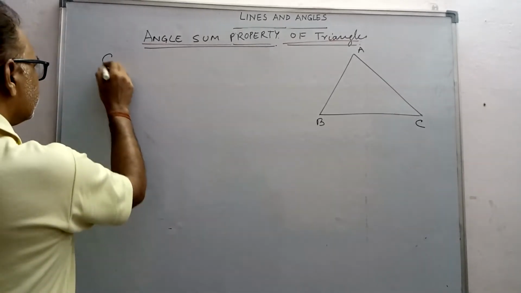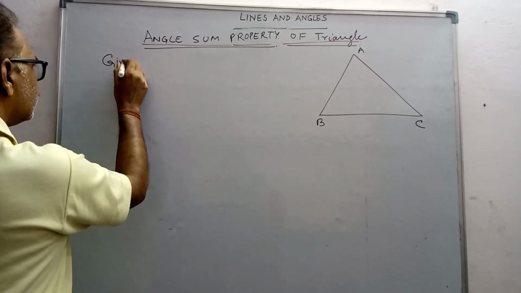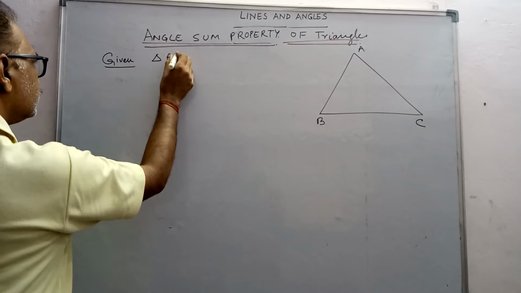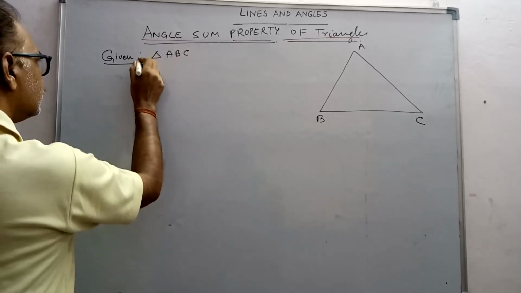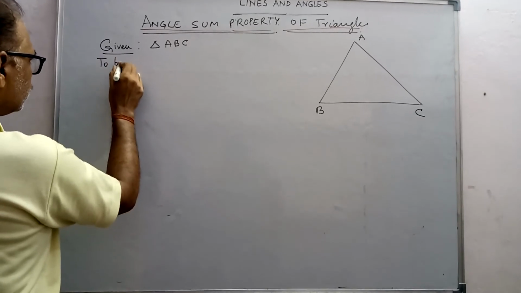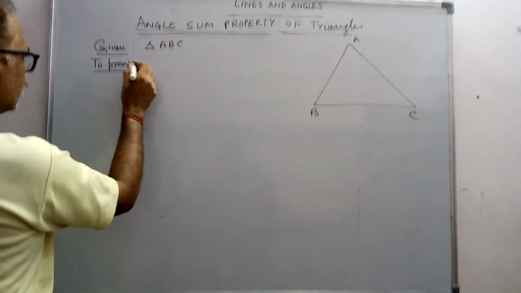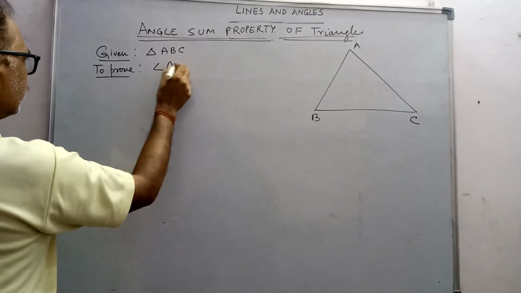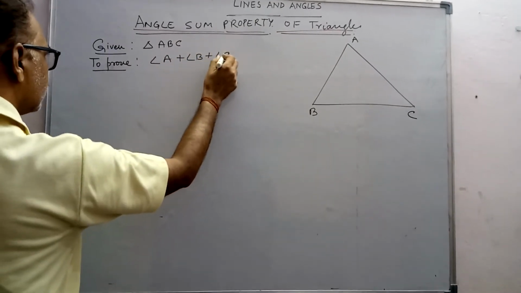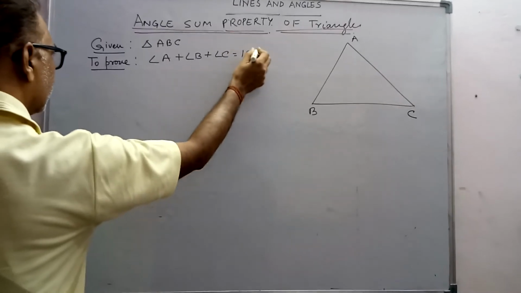So given triangle ABC, to prove angle A plus angle B plus angle C is equal to 180 degrees.